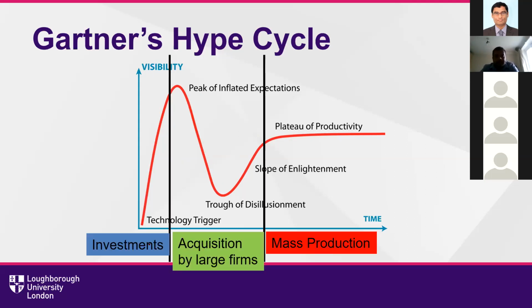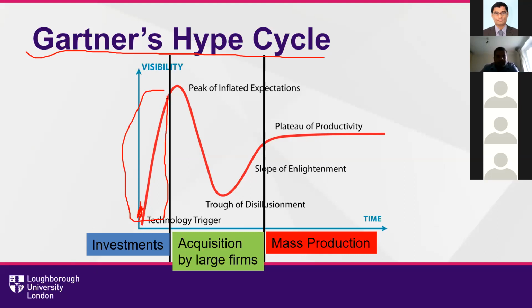So when the technology is emerging, based on Gartner's prediction, people will start to invest. There are people with billions of dollars who want to invest in a successful technology, so the investment happens during this period.